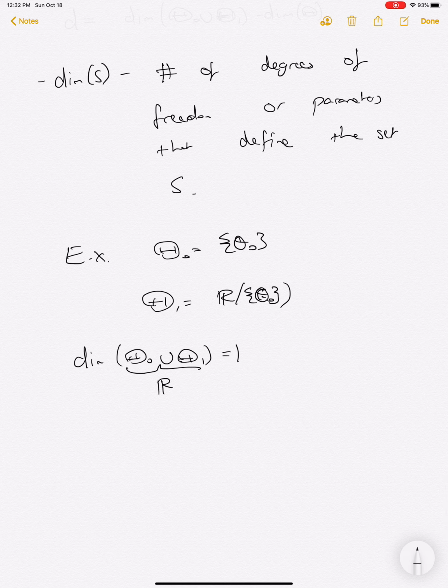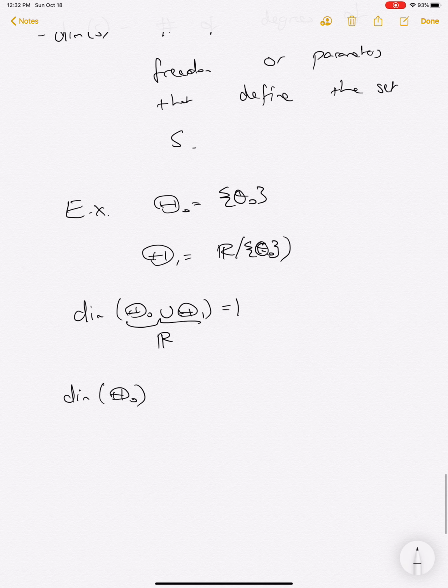The real line has 1 degree of freedom, because essentially any number on the real line can be encoded by 1 parameter theta. But on the other hand, the dim of theta 0 is just equal to 0 in this case, because theta 0 is just 1 point.